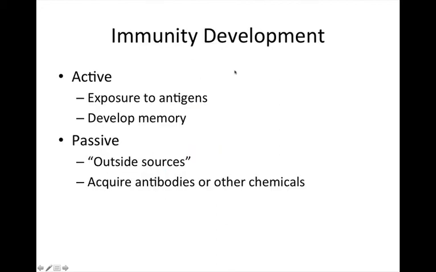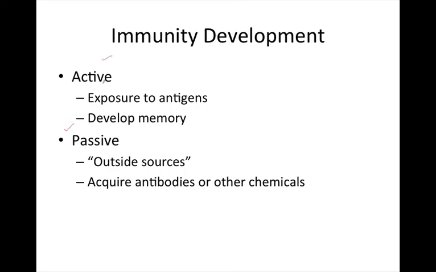Now, after covering all of that material, not just with B cells but with T cells in general, there are certain ways we develop our immune system, and realistically, the main way is through exposure. In general, there are two ways to do this: active and passive.